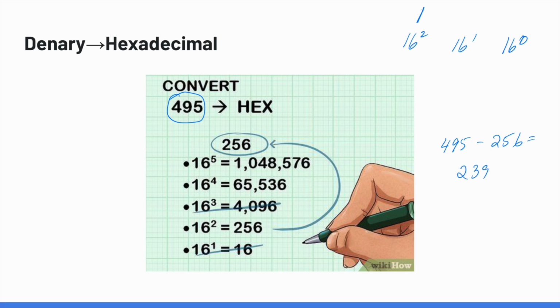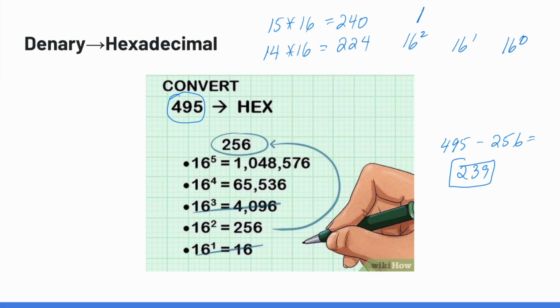And next we want to see how many times 16 to the power of 1 fits. We can go up until F, so F would be 15 times 16, and that equals 240, which is more than the 239 we have left. But at the same time, it's not that far away. So really our answer is probably going to be 14, right? 14 times 16 equals 224, and that fits into 239.